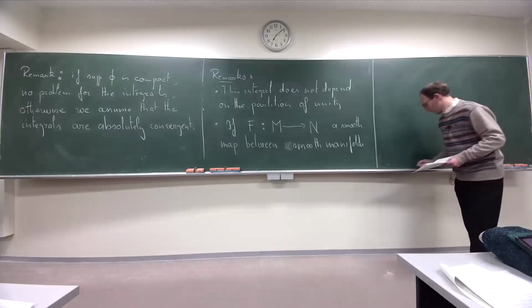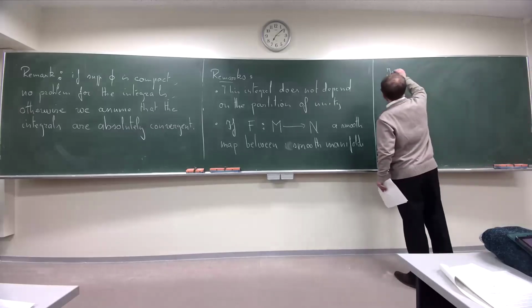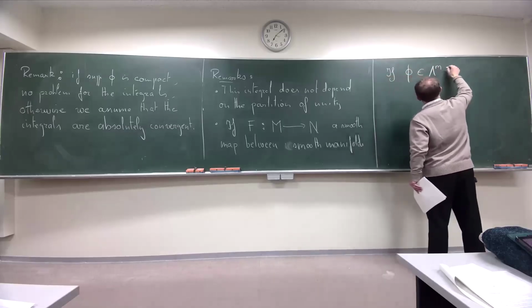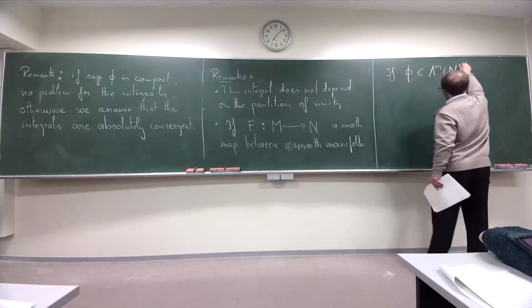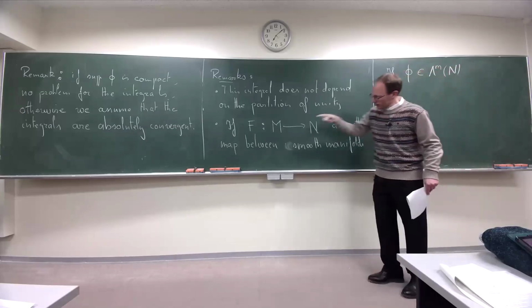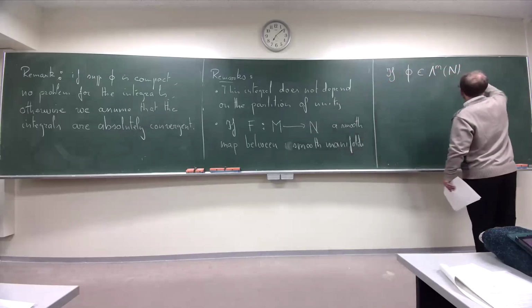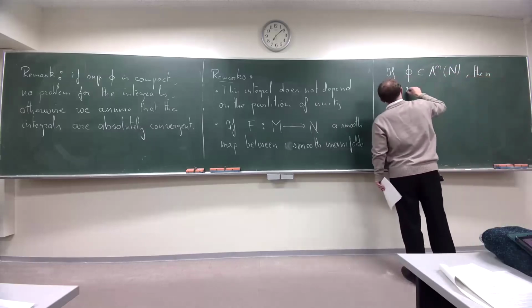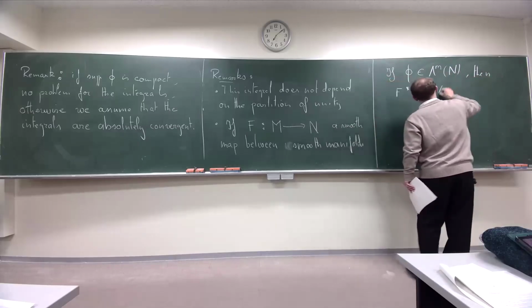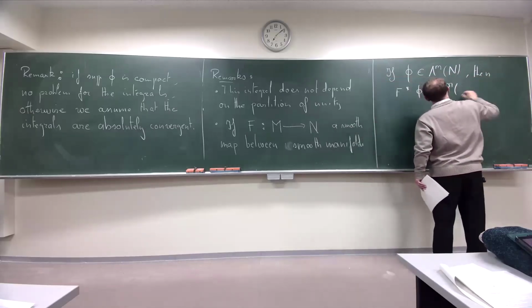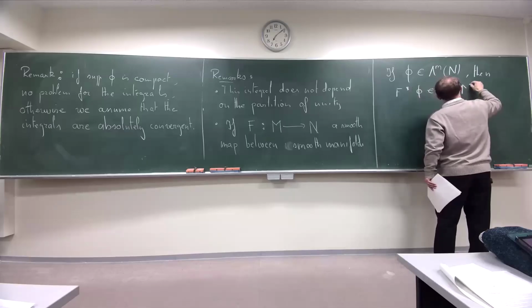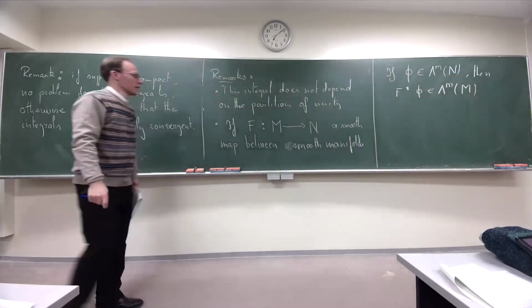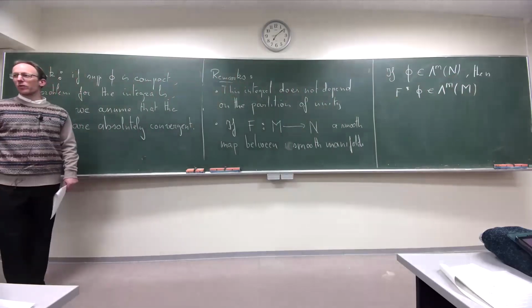So if phi is a tensor field on the final one, be careful, it's a pullback, so it goes in the other direction, then f star of phi is a tensor field on M. And you can wonder, I'm able to do integrals on both.